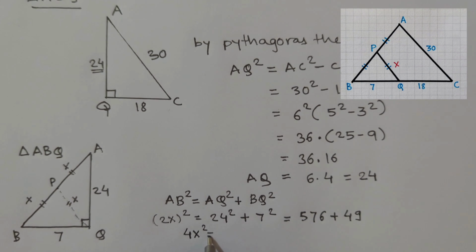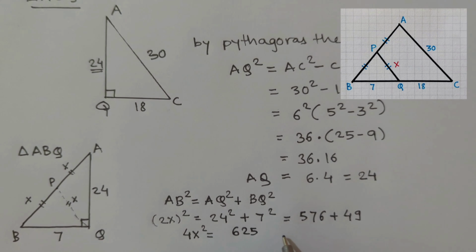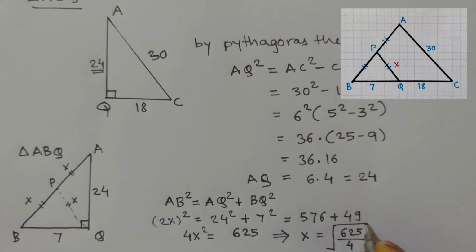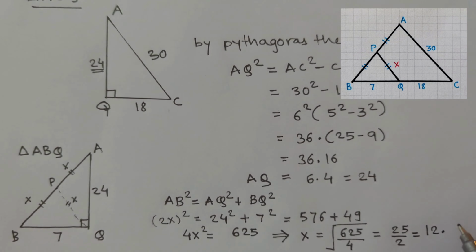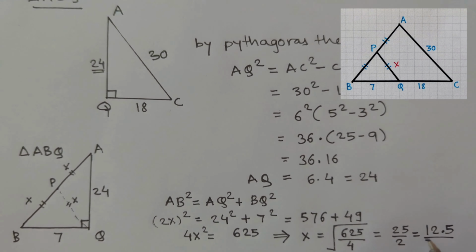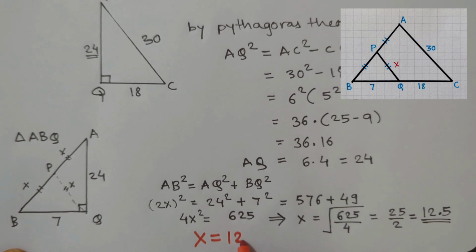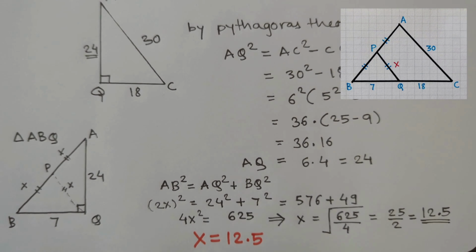So 4x square is equal to 625. x would be the square root of 625 divided by 4. So it would be 25 divided by 2, which is 12.5. So the value of x is 12.5.